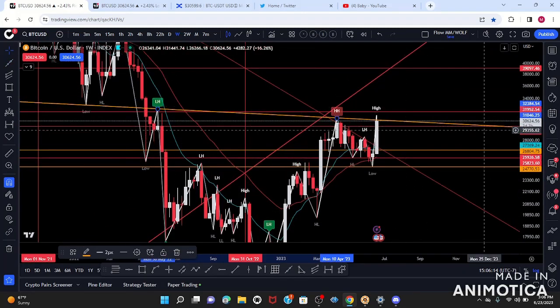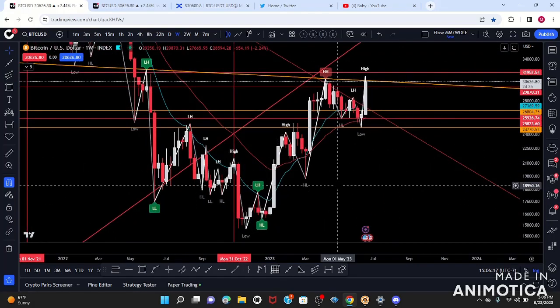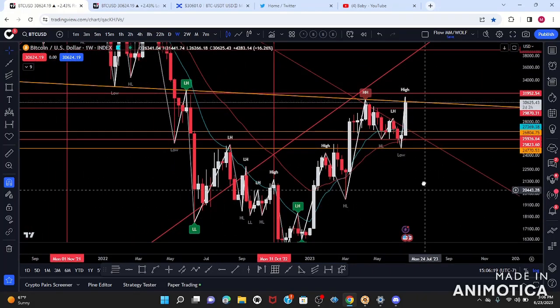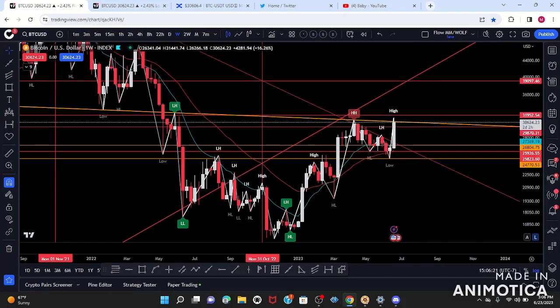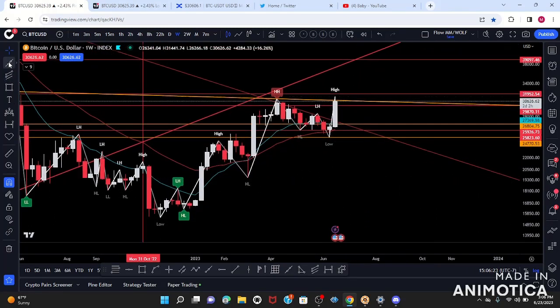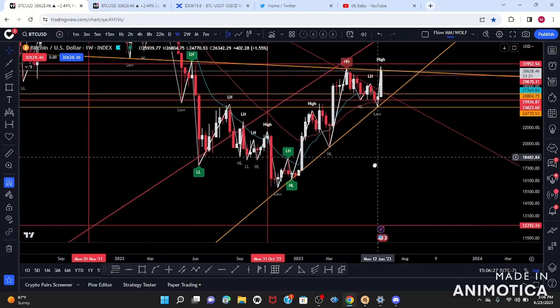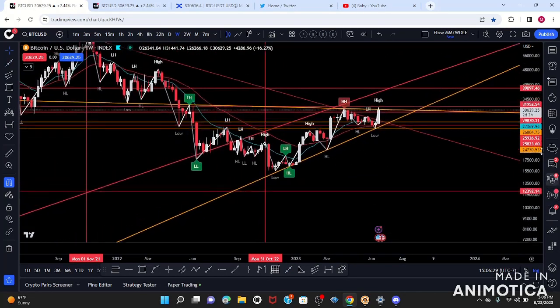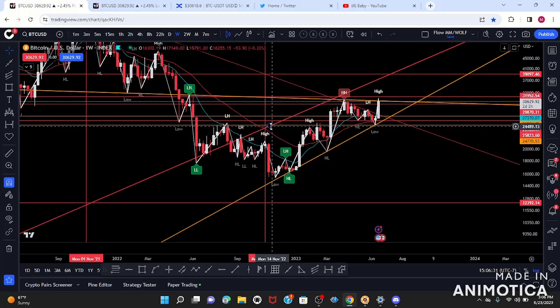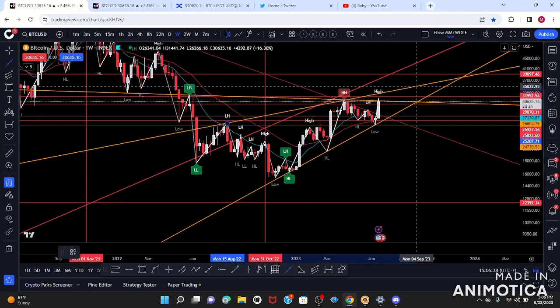Right, that could have been a nice neckline, nice resistance that we're testing right now. Okay, what else do we see? Then we have one touch, two touches. So this is like a channel rising wedge that I'm seeing off the bat. Right, it could be similar to this or something like this.